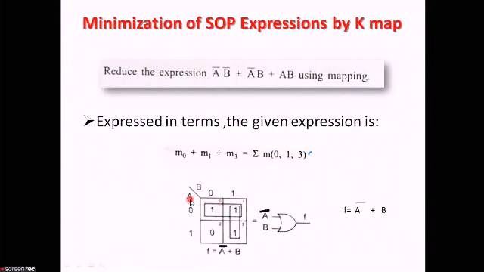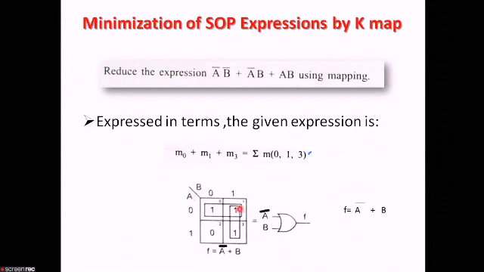Now see here, this is a 2 variable K-map. So just draw one box like this, make it a 4 square. Why? Because there are 2 variables, and 2 variables means there will be 4 squares. And write the 2 variables here, A and B. 0 and 1 for the value of B, and 0 and 1 for the value of A. Now min term 0 is present here, so give 1 here.